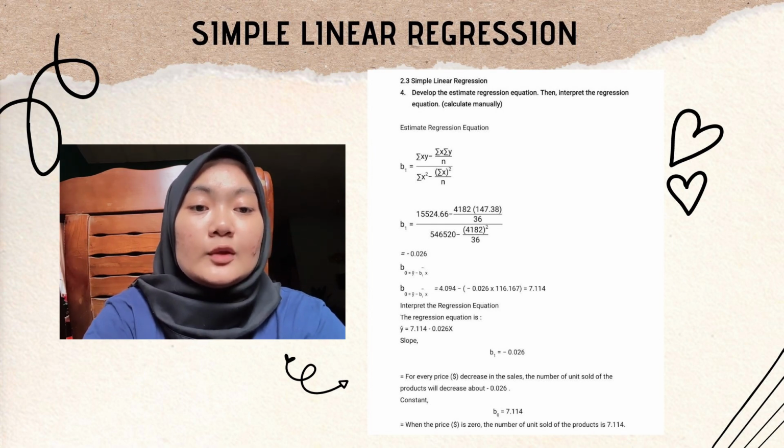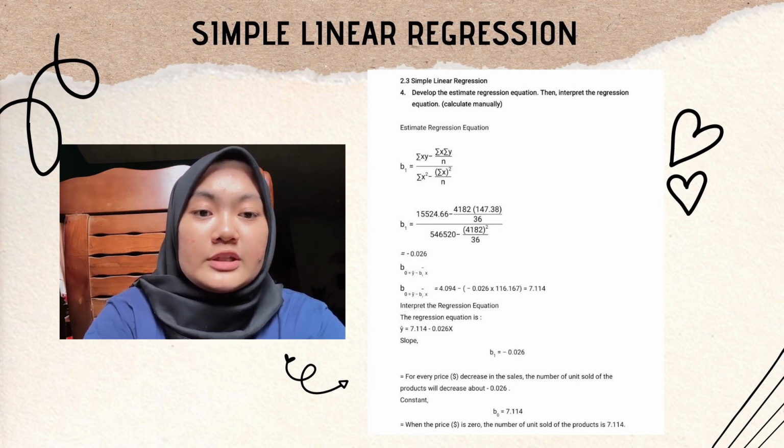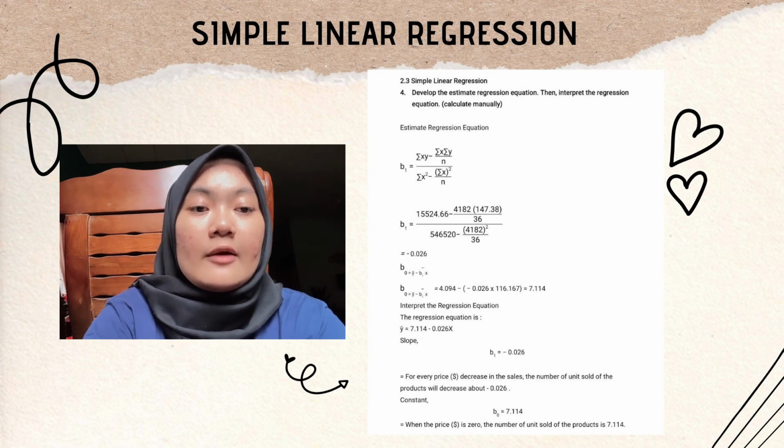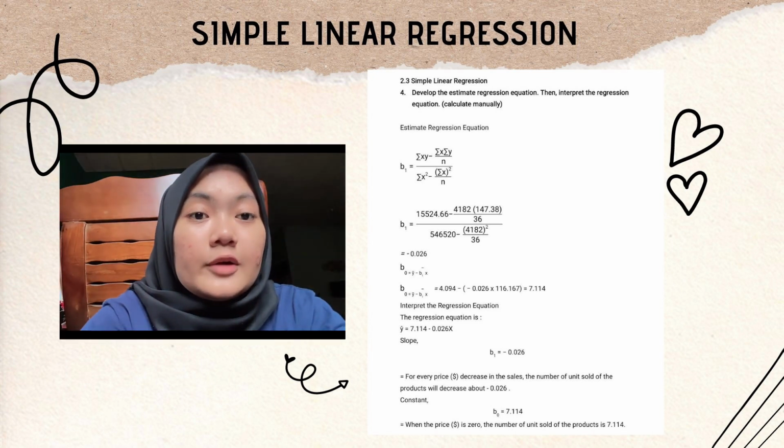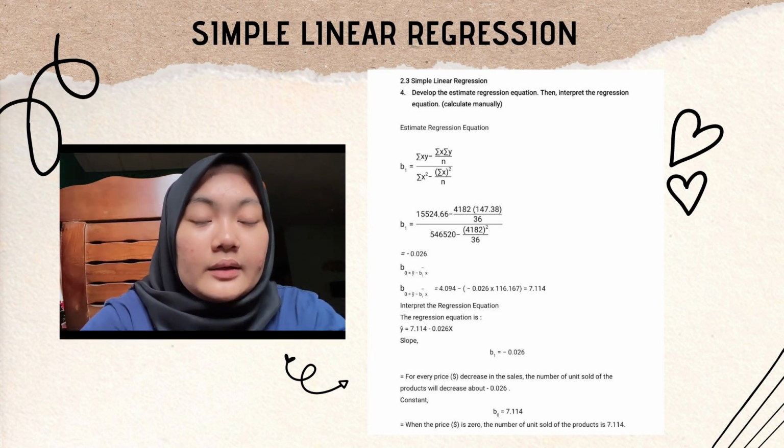From the data that we got, B1 equals 15524.65 minus 4182 in bracket 147.38 per 36, over 546520 minus in bracket 4182 squared per 36. So that answer is negative 0.026.